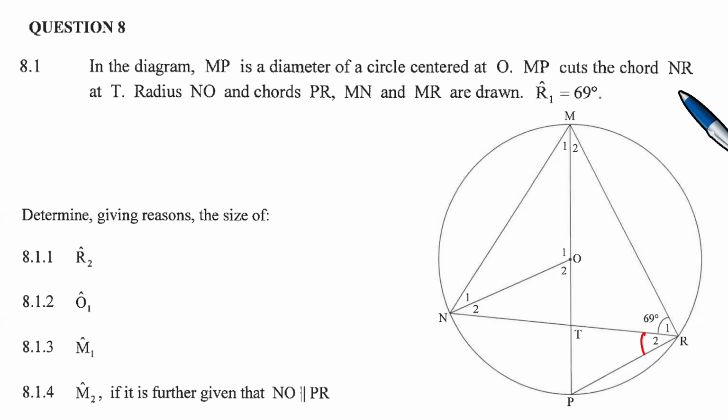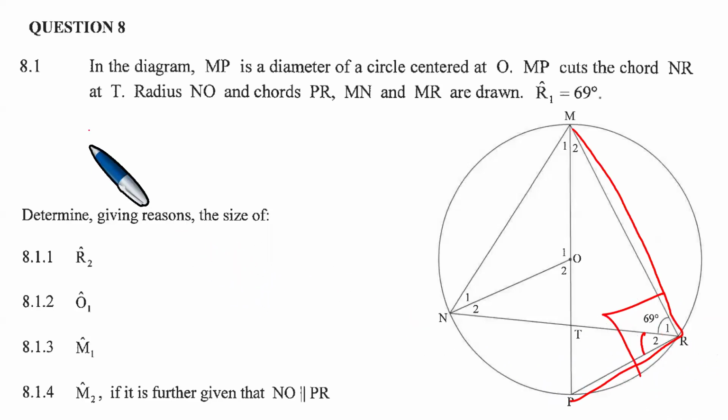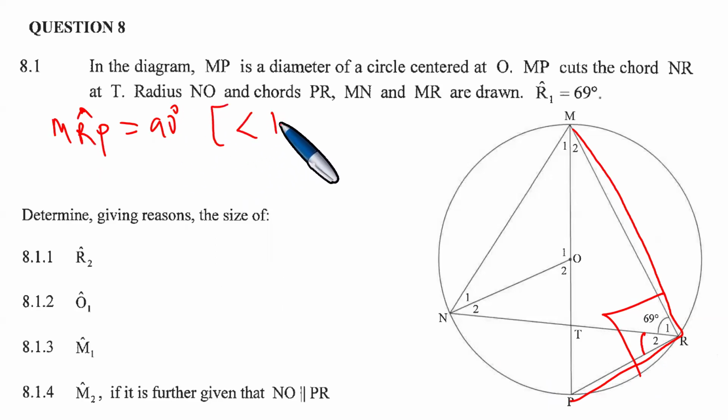All right, how far is it? I'm done with 8.1.1. Okay, what answer did you get? 21. Well done. Because the angle MRP is actually exactly 90 degrees, an angle in semicircle. Why is this the case? Angle in semicircle.